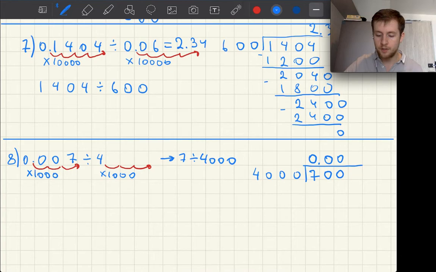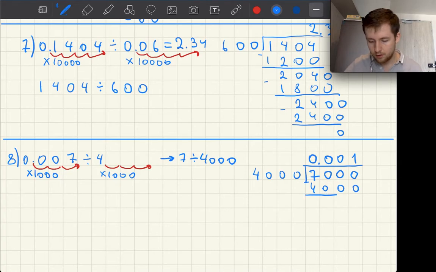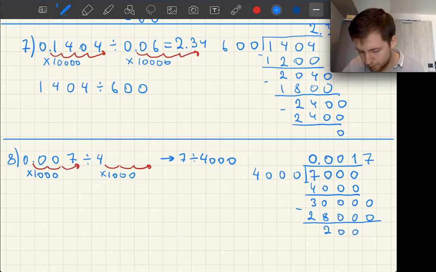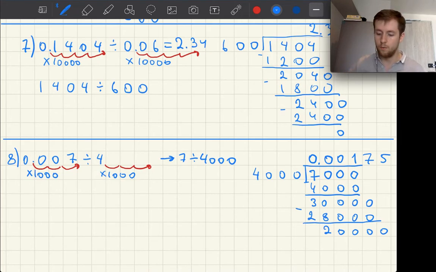Finally, 4000 fits into 7000 once. And we get 3000. Add another 0 here. 4000 fits into 30,000 7 times. And 4000 fits into 20,000 5 times. So that's going to be 0.00175.